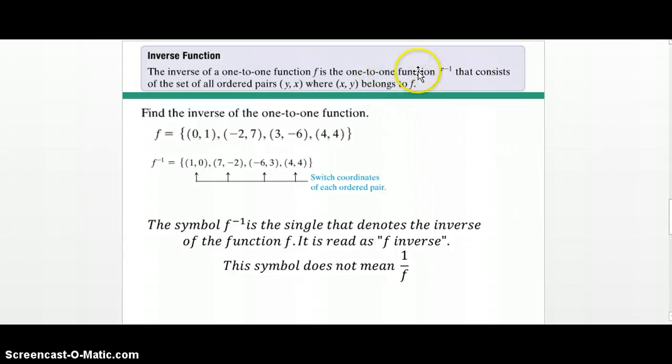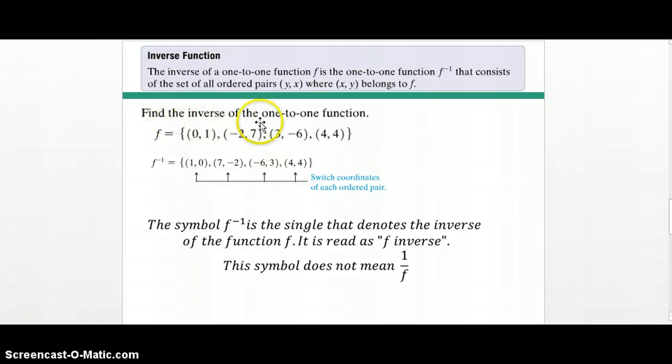Look at here. The ordered pair of function f is (x, y). If you switch the coordinates of the ordered pair of function f, we'll get (y, x), which is the ordered pair for f inverse.